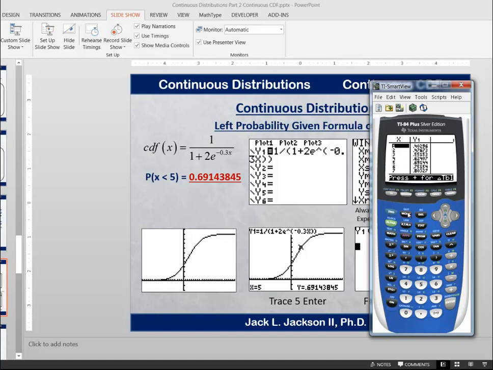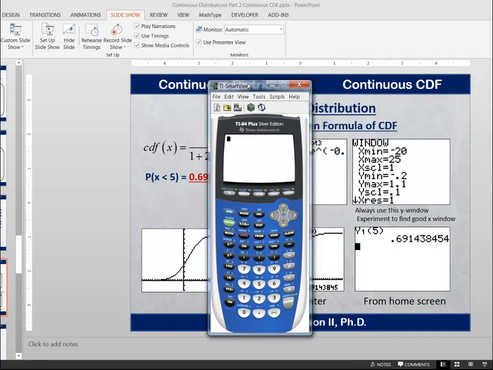Or another way we can do it from the home screen, and this is kind of useful, is to say y1 of 5. So if you hit variables, then go to y variables, choose number 1, which is function, then there's y1. Okay, let's go over that again.